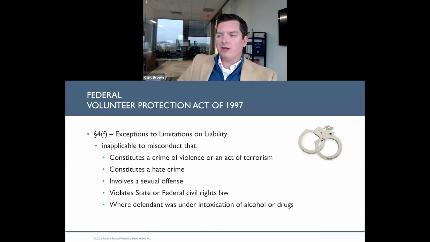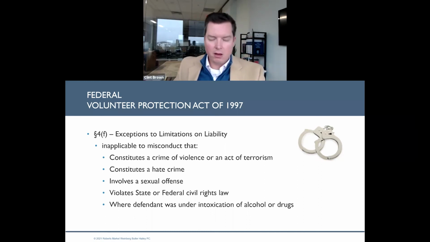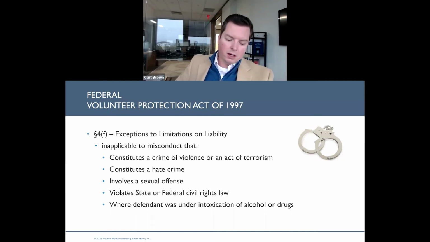On violating state or federal civil rights law, this is another interesting one that we can run into occasionally. So let's assume that we've got a pool. So you're in a community, the association has a pool they manage, and you've got some signage out in front of your pool.